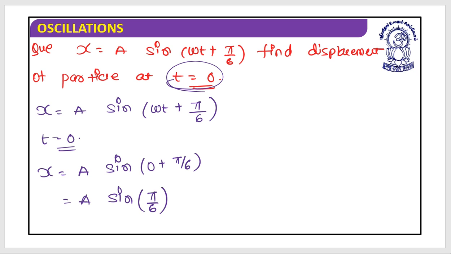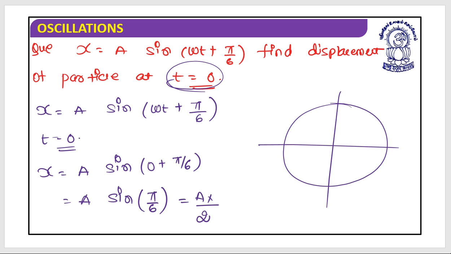It's 180 by 6, which is 30 degree, so sine 30. So this is equals to a into sine 30, which is half, a by 2. And when I say it's a by 2, it is something like this: this is the circle, this is the 0, and let's say this is the a by 2, and this angle is 30 degree.